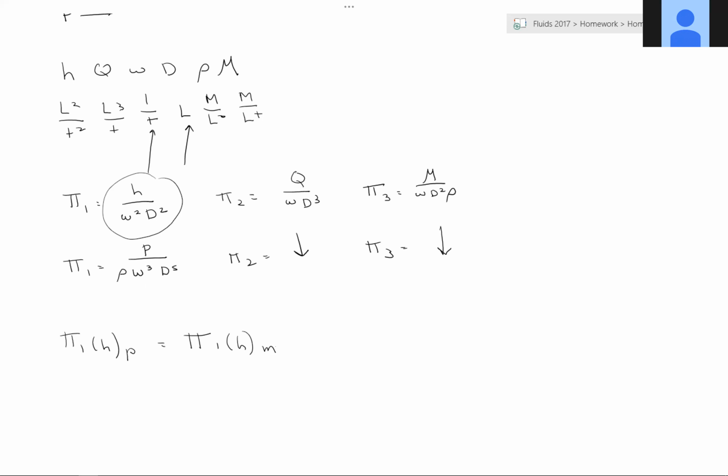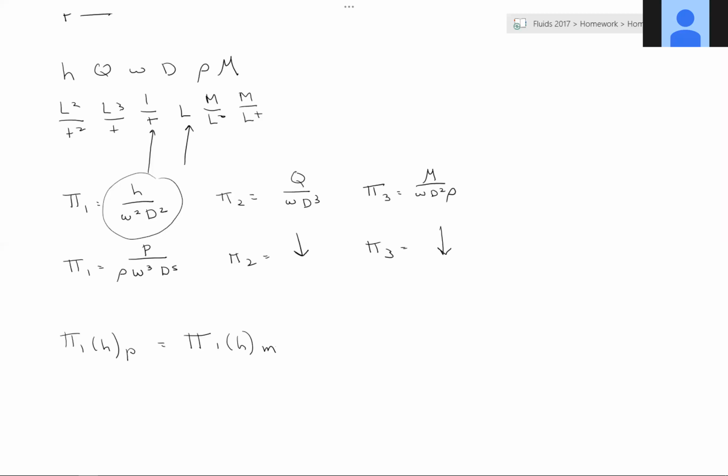Is there a pi next to the, where are you talking about? We don't have a V. Oh yeah, I was just showing that Q was a function of those. Yes, there would be a pi.